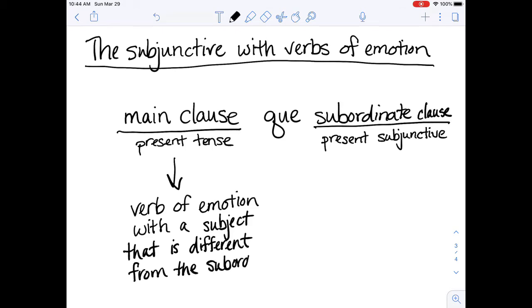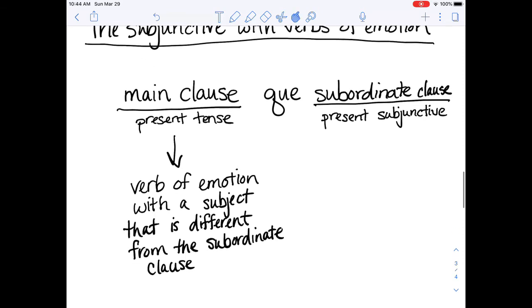So remember, we have to have a different subject. Then the back half, for the subordinate clause, we're just going to make sure that it's in the present subjunctive. All right? And we're having the word que in between, just like we've done all along.